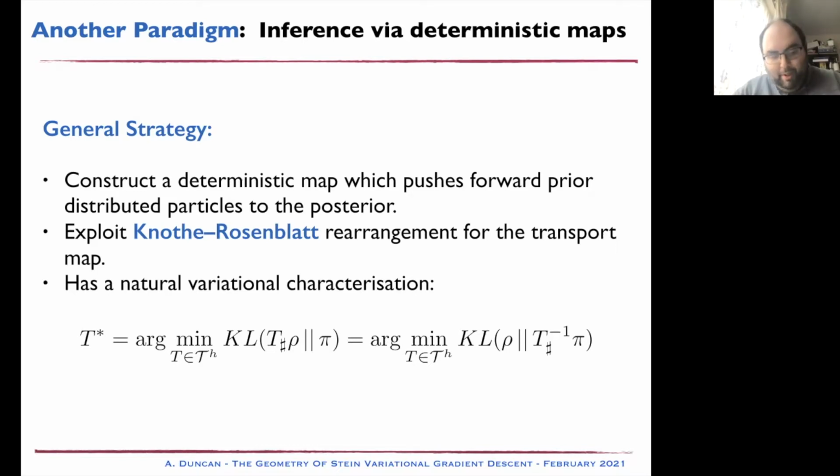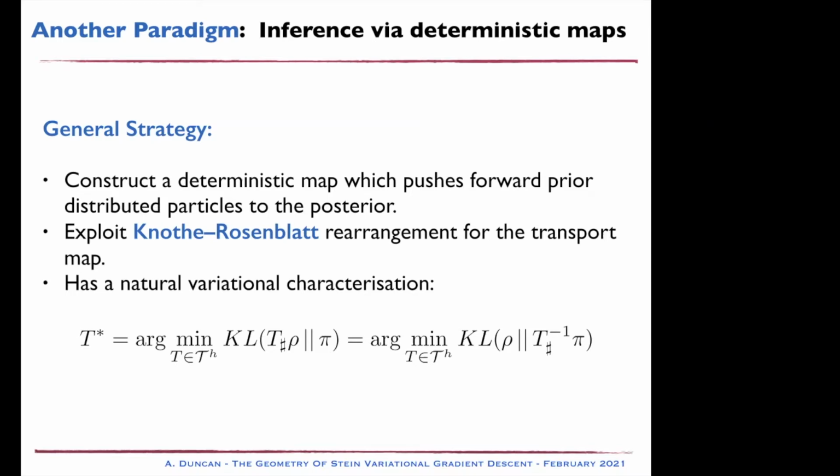So what they're looking for is a transport map T in an appropriate class of functions such that you're minimizing the Kullback-Leibler divergence between the push forward of your map under this transformation and your target distribution pi. And so basically the challenge then is to solve this optimization problem in an appropriate way. And so that was the goal of that paper.